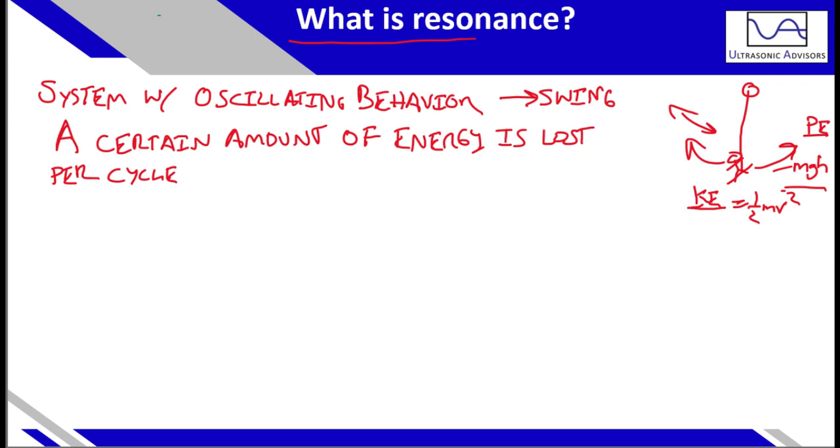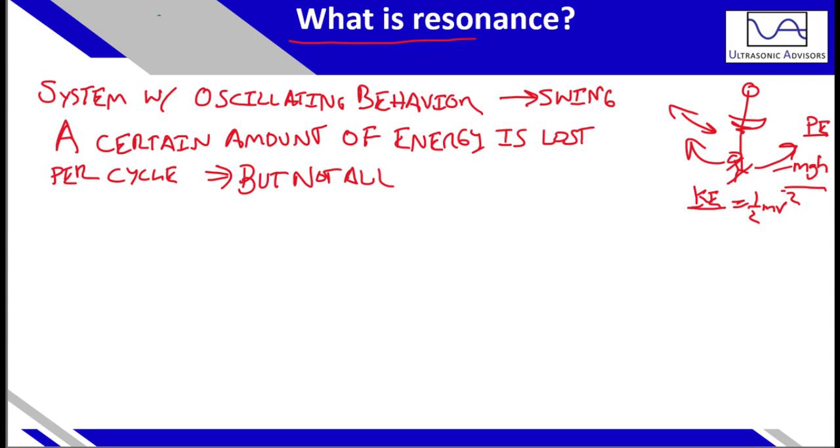When you push, the child will stop, but not all the energy is lost per cycle. There is a transfer of energy between the potential and kinetic, or the two storage energy mechanisms, which are trading energy, and the maximum potential energy is also equal to the maximum kinetic energy.